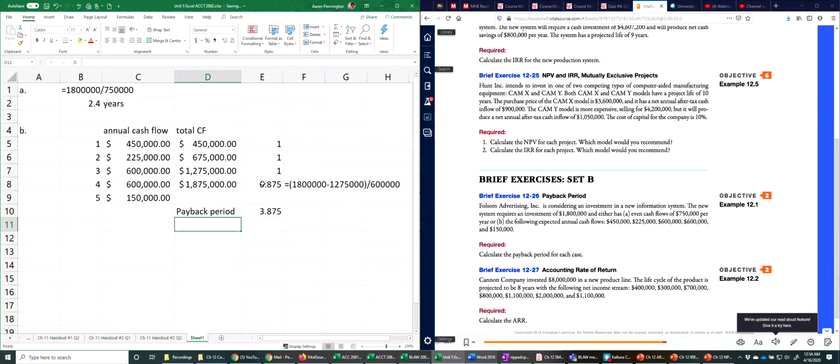All right, and that's how you do it when you have multiple, or I should say uneven cash flows. All right. Okay, that's it for now.